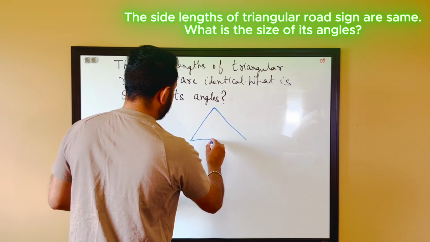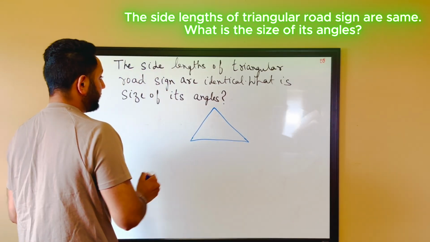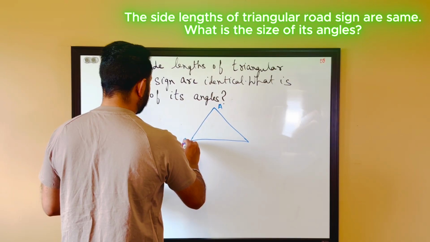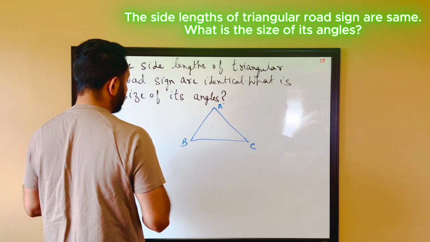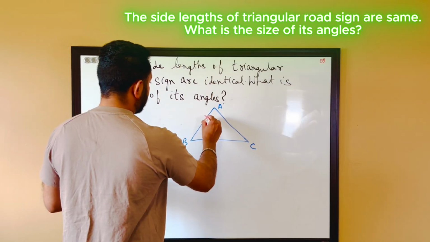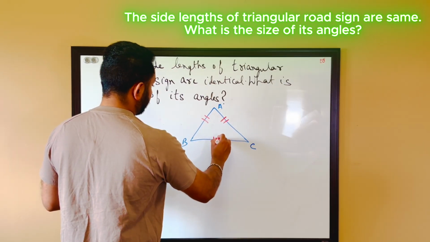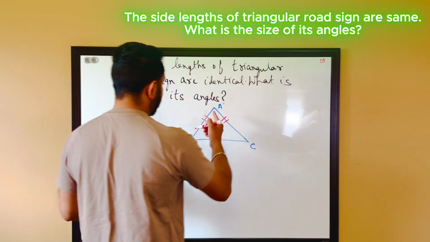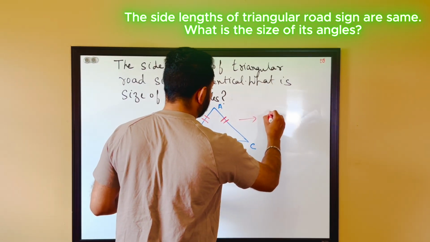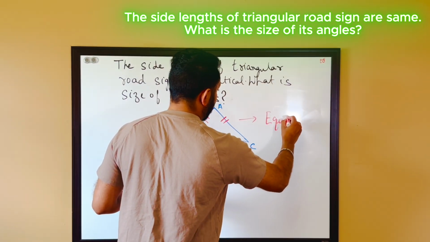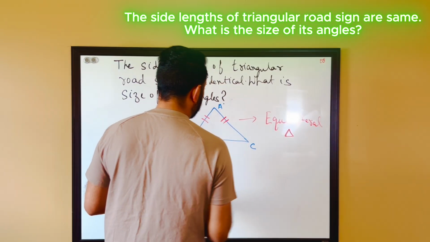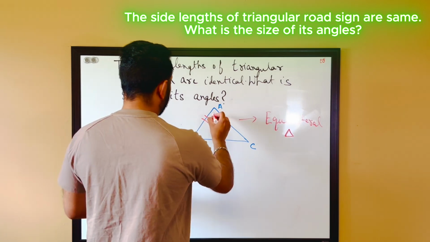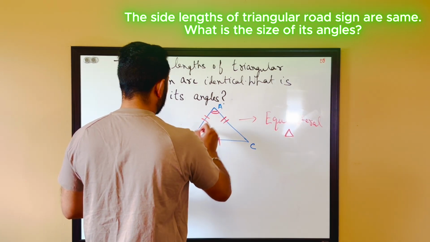If this is a triangular road sign ABC, its side lengths are equal. If the side lengths are equal, that means this is an equilateral triangle, and also their angles are equal too.